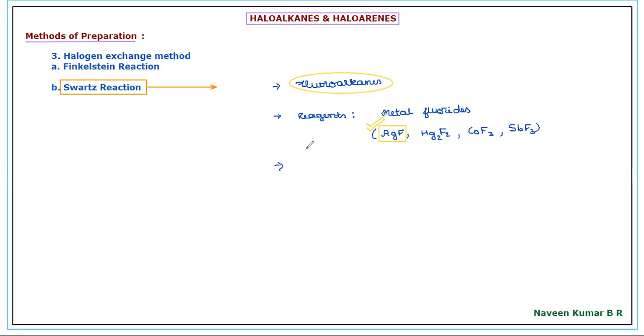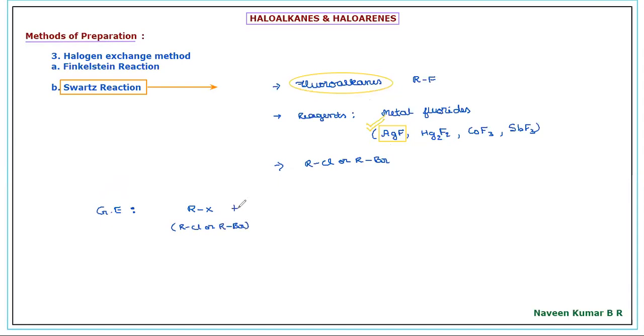With the metal fluoride, an already halogen-containing compound, that is RCl or RBr, alkyl chloride or alkyl bromide, will be treated with the special reagent AgF, where the F, a halogen, exchanges with the already present halogen of the alkyl halide to give the fluoroalkane as a product, that is RF. Now, if we observe this with a simple general equation, it is RX, where X may be chloride or bromide, RCl or RBr.